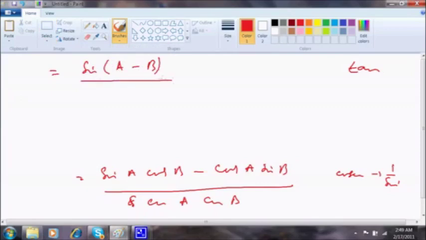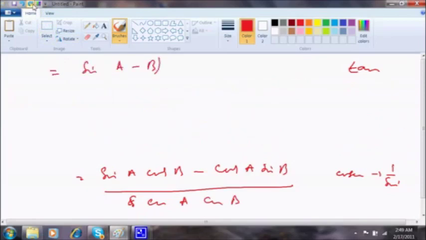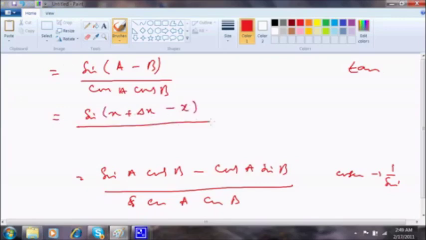So this divided by cos a cos b. Now A is x plus delta x. So this is sine of (x plus delta x minus x) divided by cos of (x plus delta x) into cos of x.